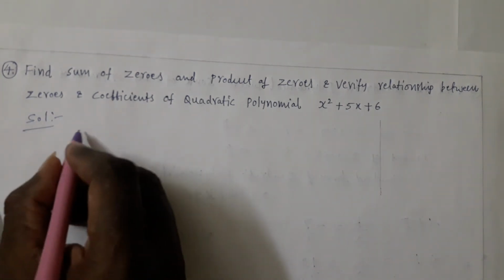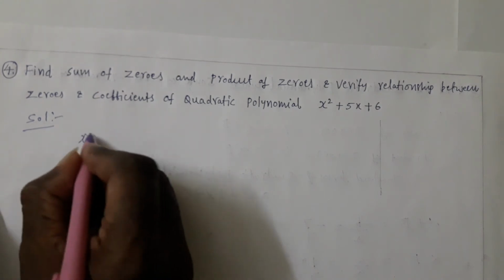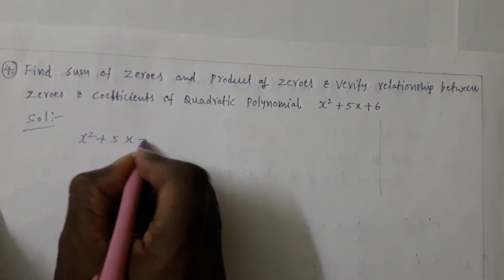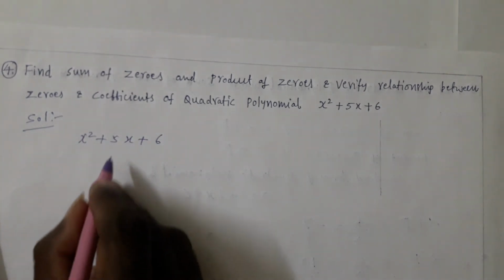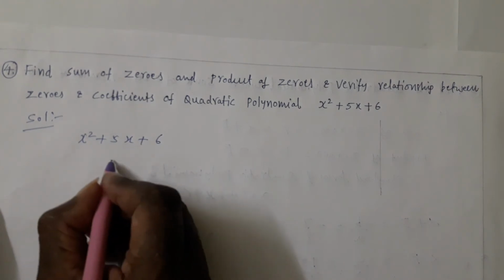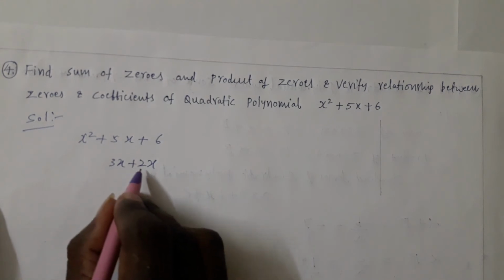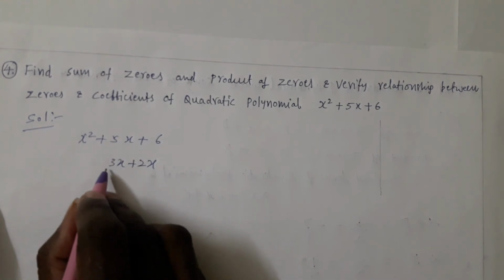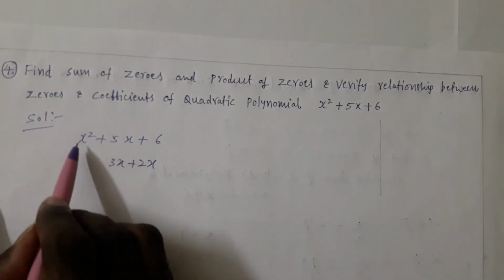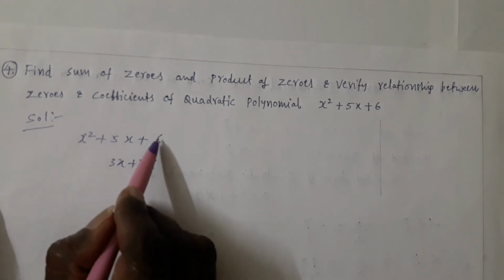Solution. Given is x square plus 5x plus 6. We can split this as 3x plus 2x. 3x plus 2x is 5x. 3 into 2, 6x square. See, x square into 6, 6x square.